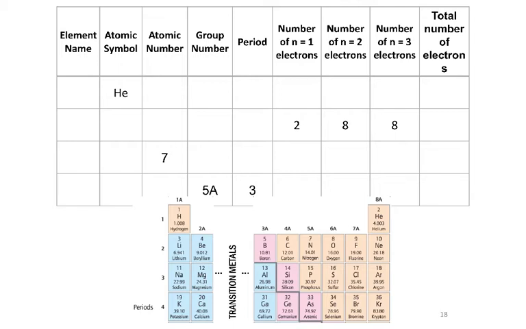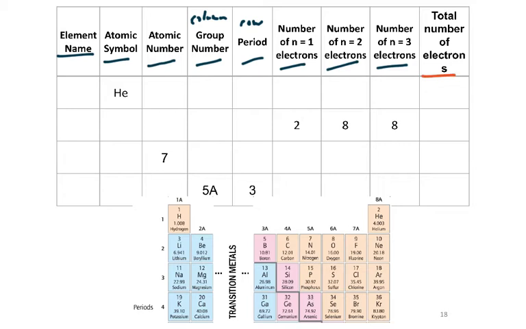So here we have element name, atomic symbol, atomic number, group number. Remember, group is columns, and period, which is row. And then we're looking at the number of electrons in the n equals 1 energy level, number of electrons in the n equals 2 energy level, and number of electrons in the n equals 3 energy level.